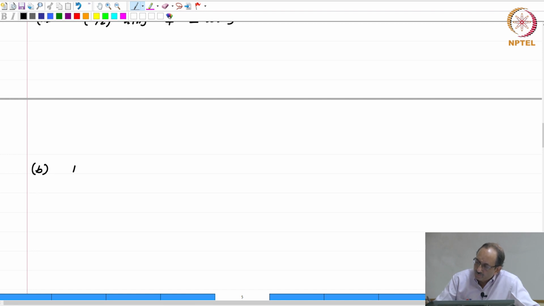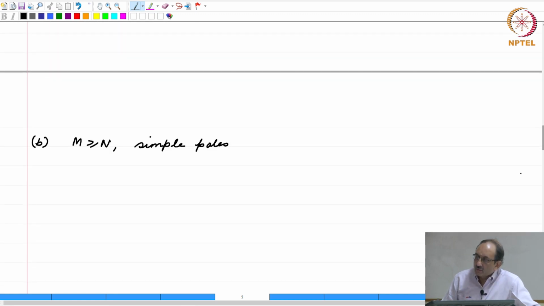So, this is a simple pole. Now, again simple pole assumption, but it is no longer in proper form. So, M is greater than or equal to N. Therefore, X of z, which is of the form P of z over Q of z, before proceeding to partial fractions, you have to convert it to proper form, and hence you divide and get quotient and remainder.